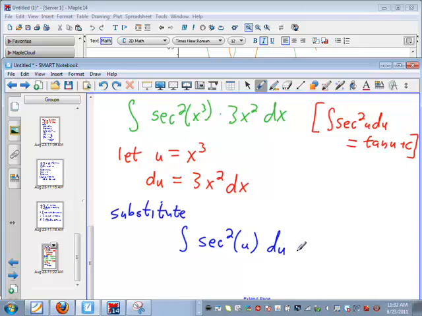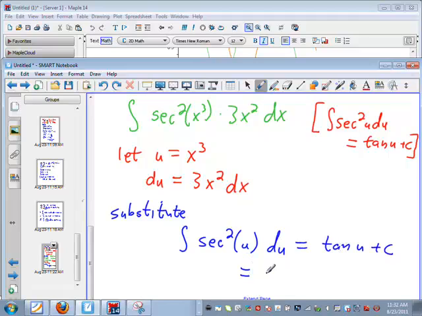Questions about the substitution? One of the things to recognize is it doesn't matter where the 3x squared was. I put it here. If it was in front, the same substitution would work. So the antiderivative of secant squared is tangent plus a constant. And then you'll just be committed to writing this as a function of x. I gave it to you in terms of x. You have to give it back to me in terms of x.